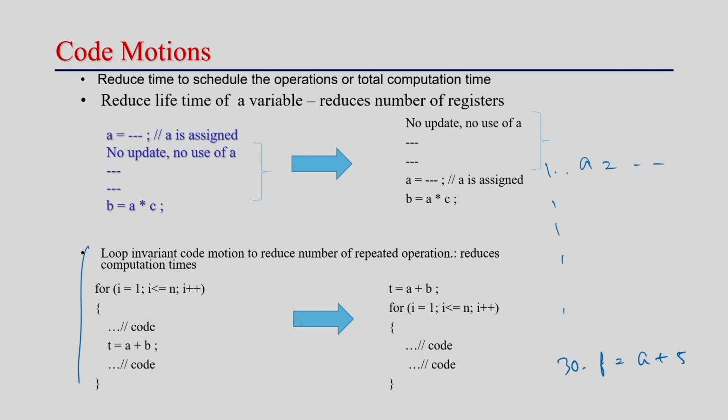That means from line 1 to 30, for this whole period, I have to keep this a in a register. You have to keep this variable live because this is the lifetime of the variable.